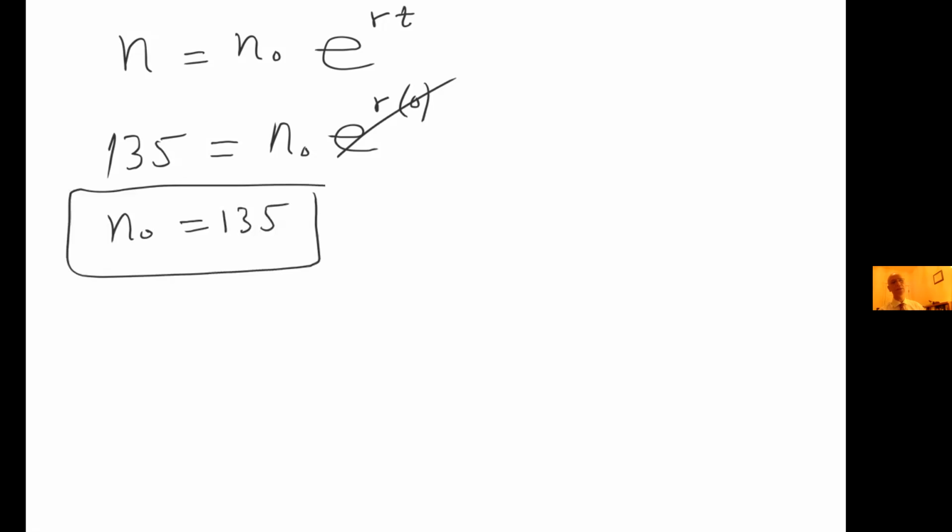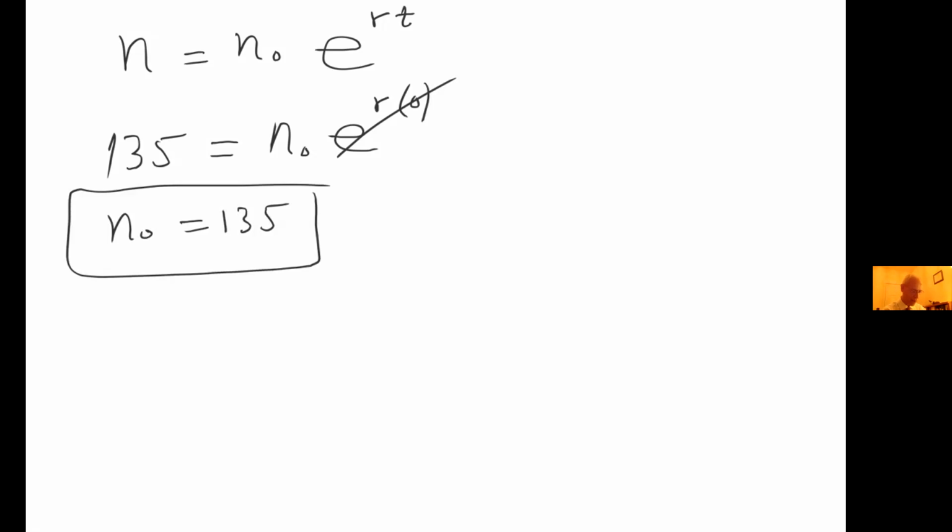That is if you needed to convince yourself that N initial is 135. We really didn't have to, because the problem is telling us that a given sample currently contains 135. But this is how you could convince yourself that N initial is 135.